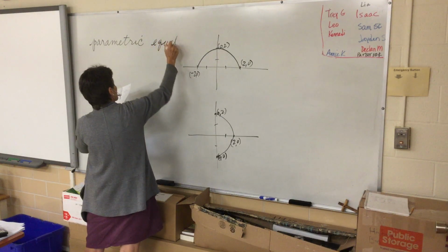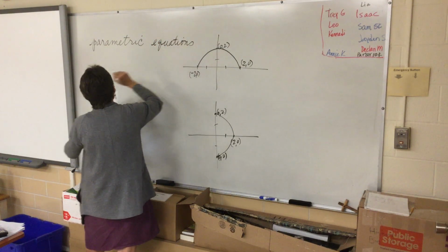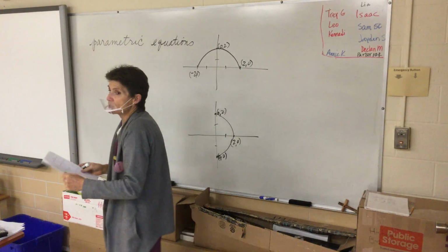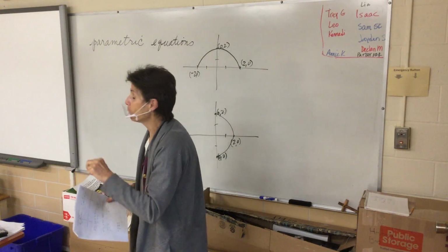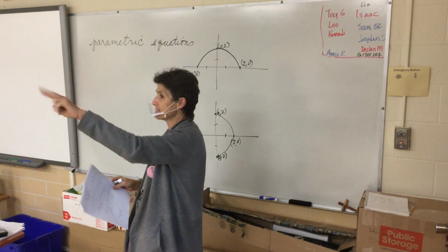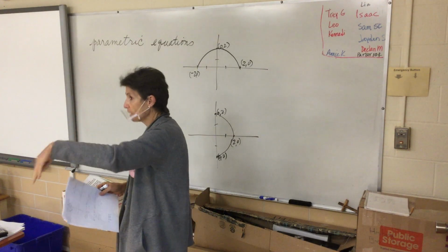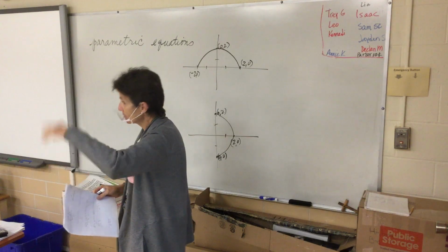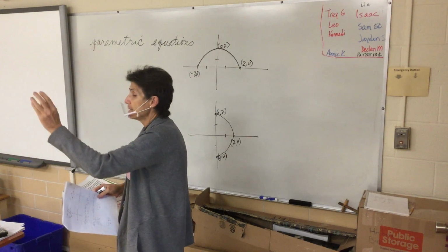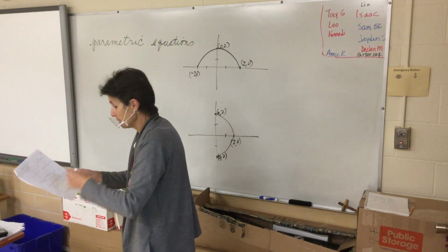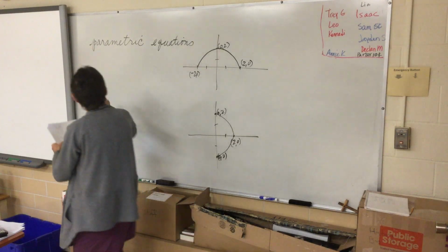Just write parametric equations, because that's what this is called. So this particular section, 1.5, has 2 ideas in it, inverses and parametrics. We've talked about inverses, going to have a quiz over them on Friday, and now we're talking a little bit about parametrics.